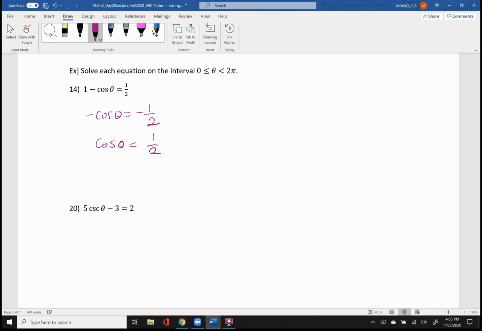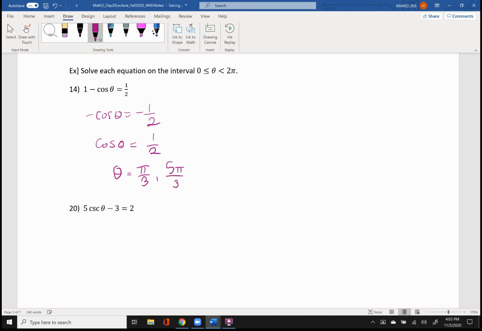So look to your unit circle, or look in your brain if you have the unit circle memorized, and ask yourself, at what theta does the cosine equal 1/2? Well, those will be at theta equals pi over 3 and 5 pi over 3.